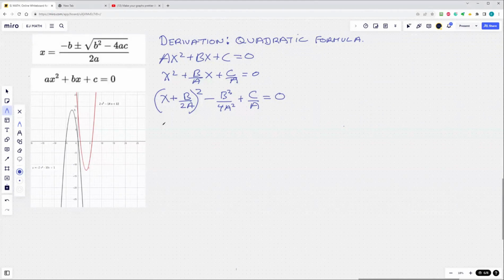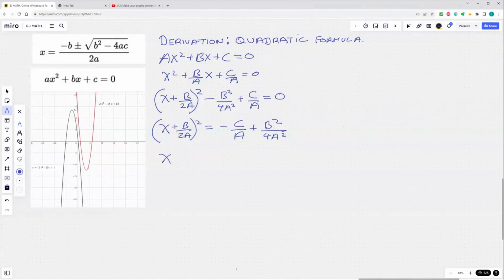So we now isolate x plus b over 2a squared. That'll equal minus c over a plus b squared over 4a squared. Okay, now we will take the square root of both sides.